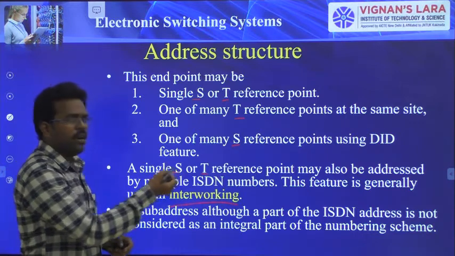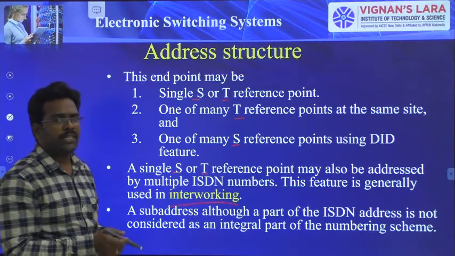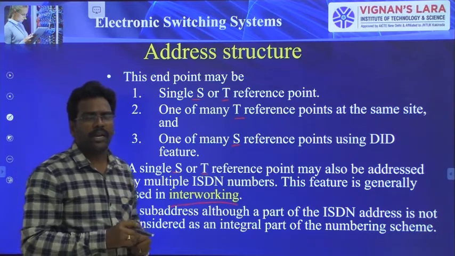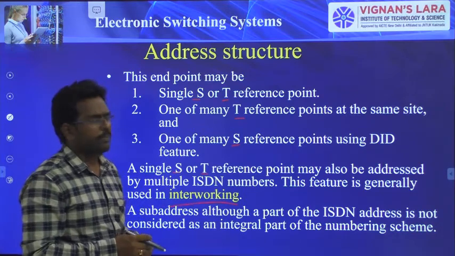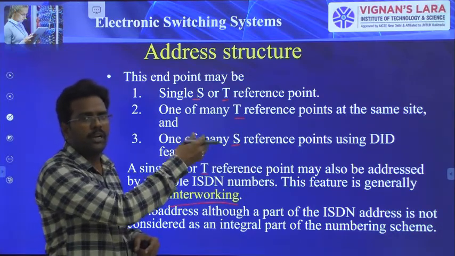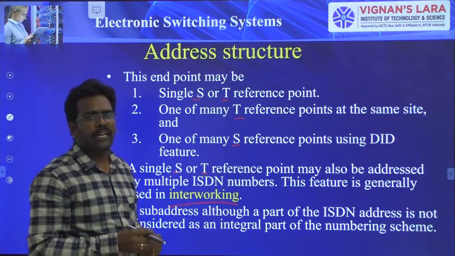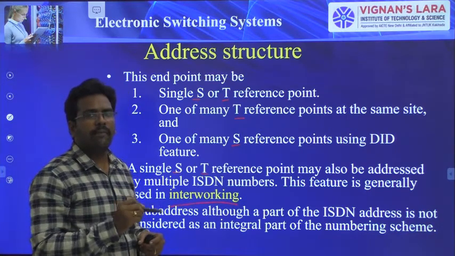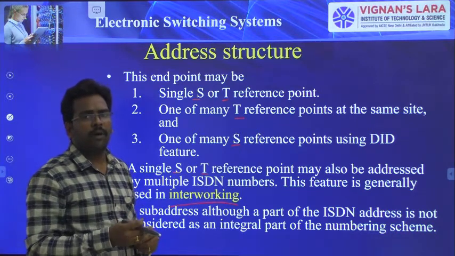Because if it has some interworking principle, that means the same reference point can be accessed from other compatible networks. That is what was stated in the previous point: analog networks, digital networks, and ISDN networks. With the help of the IWF, the interworking function, we can provide interoperability.